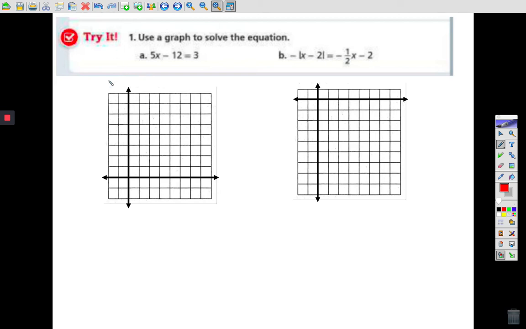Alright, so like they just told us in our directions, we need to write it as two separate equations. So I've got y is equal to 5x minus 12, and I'm going to graph it. You could put it in your calculator, but I'm going to help save us some time. The first point we could plot on here is at 2, negative 2. Then we go up 5 over 1.